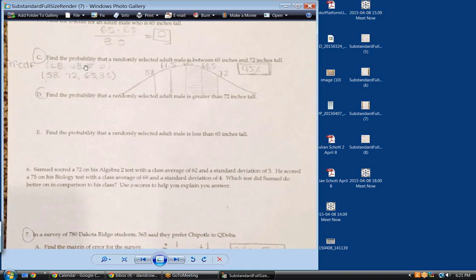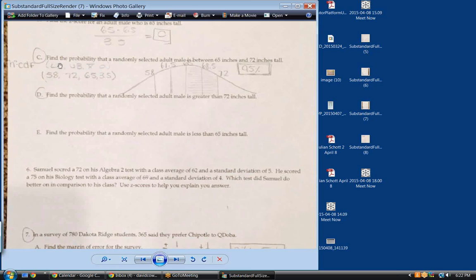What's all this stuff here? The mean and the standard deviation. Yeah. I don't know what it means exactly, but it's the formula: lower bound, upper bound, mean, and standard deviation.